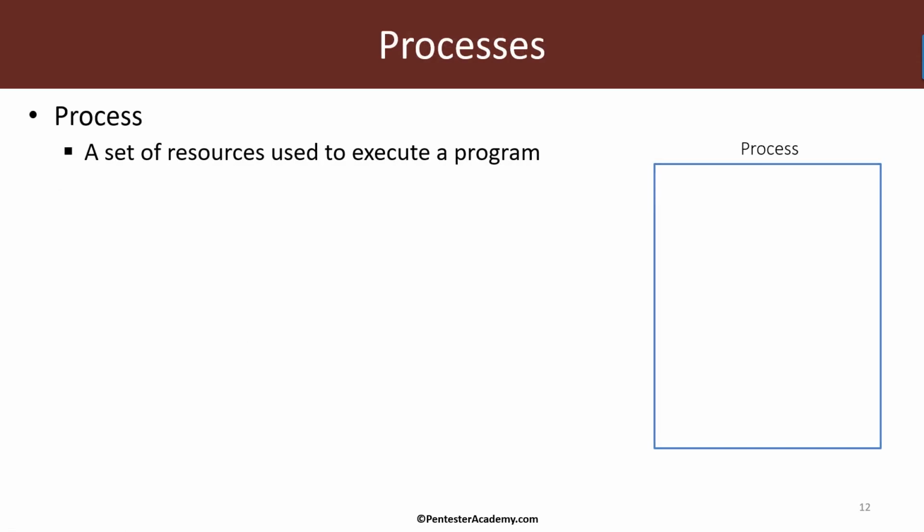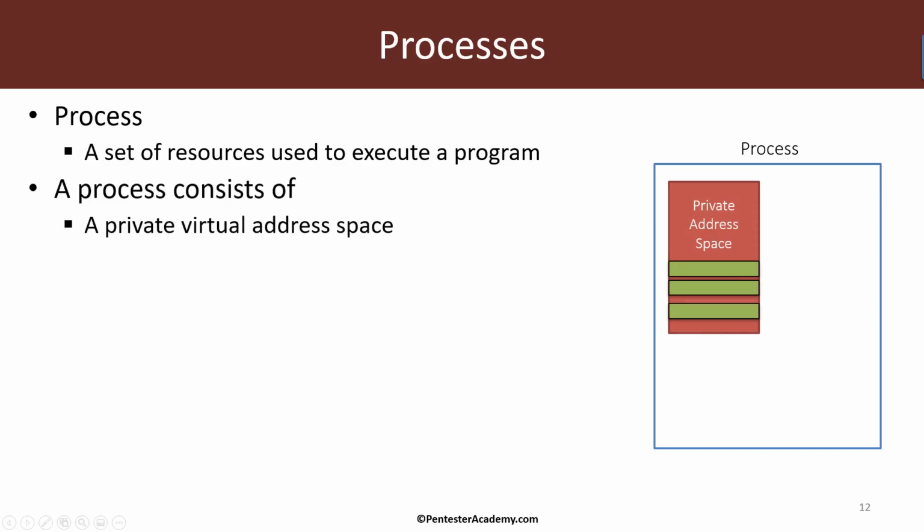So a process is a management object that encapsulates a set of resources that are used to execute a program. A process manages something like a virtual address space, and so every process sees a flat virtual address space of some size, which we'll discuss a bit later, and this is where memory is allocated, DLLs are loaded, and so on.